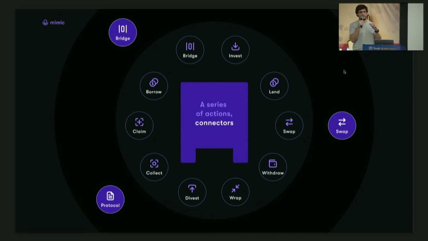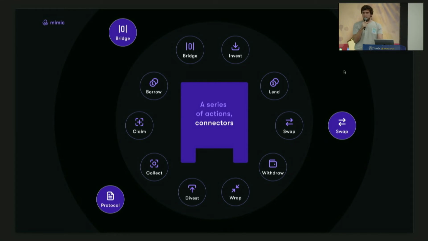These connectors are simply a standard interface that we model with all different DeFi protocols in order to perform more complex operations. With this, Mimic is by default covering many DEXs to operate swaps, like Uniswap, Balancer, and also aggregators like 1inch, Paraswap, and others.